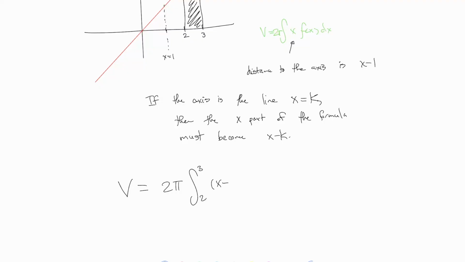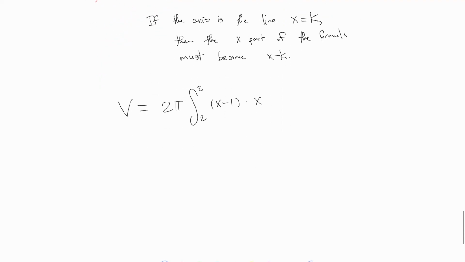So it's going to look like x minus 1 times x, where this x is f of x, and this x minus 1 is the distance to the axis. If you wanted to do the integral, you would distribute, and then it's an easy integral to do from there.